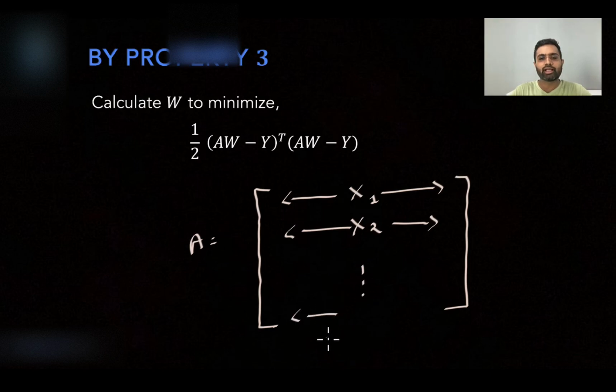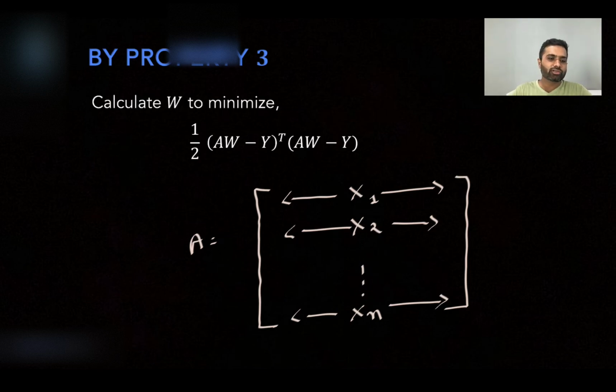There are n data points, so the number of rows of A is n, and the number of columns is d plus 1, since each x superscript i has d plus 1 dimensions, and we are considering the augmented x and augmented w.